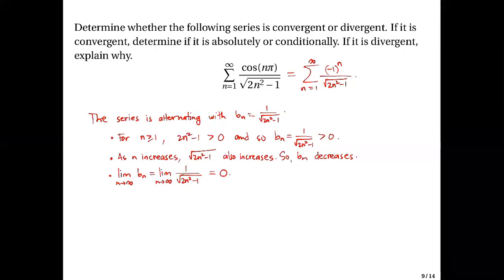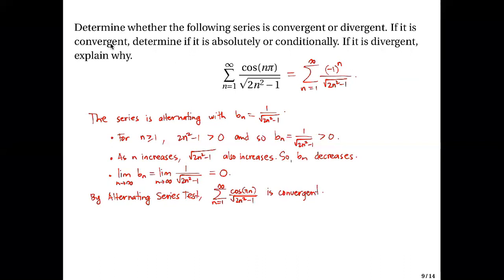Therefore, by the alternating series test, the series cosine pi n over square root of 2n squared minus 1, from 1 up to plus infinity, is convergent.